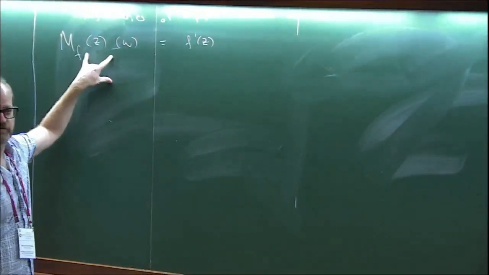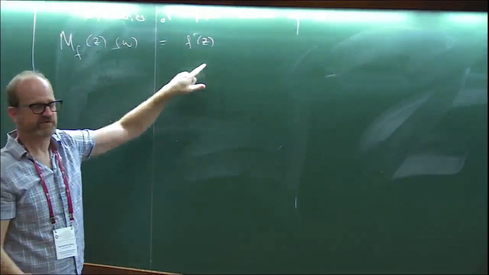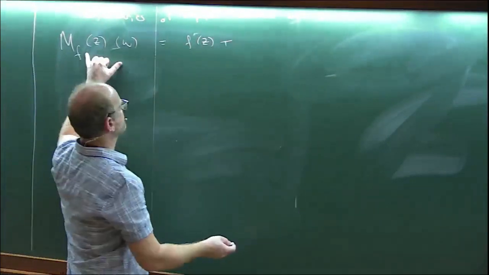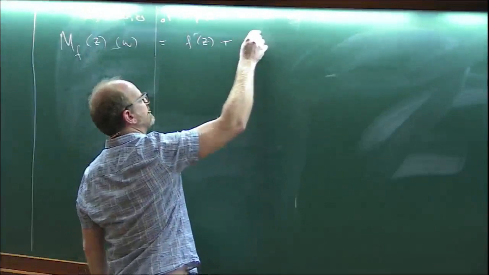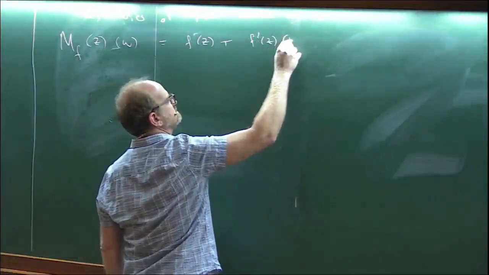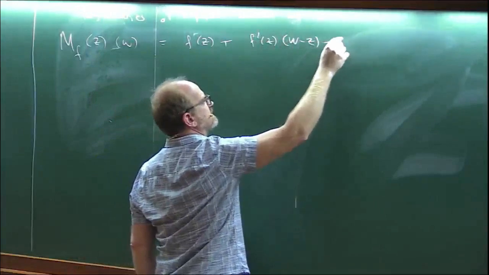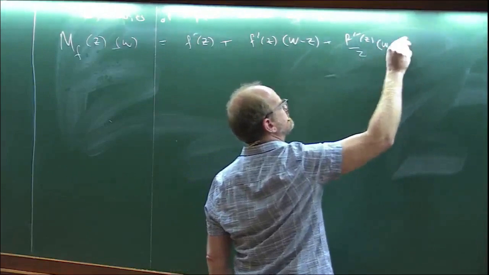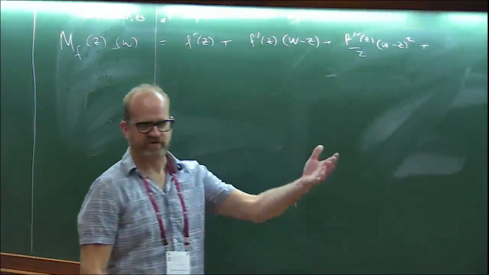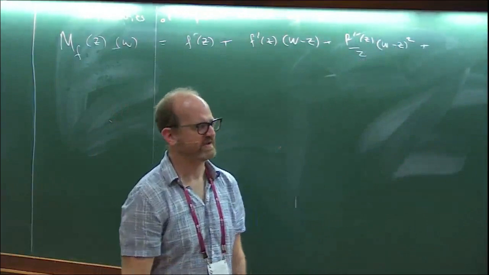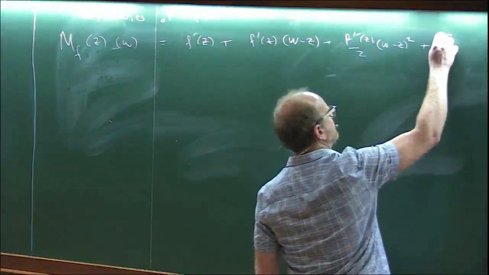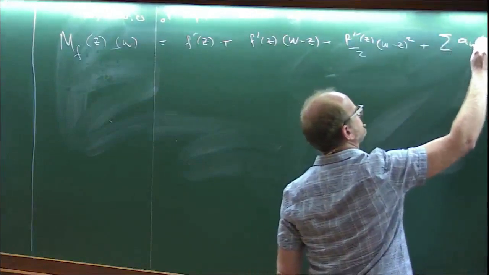So the value of this function at z is just f of z. So that's the first term, or the 0th term maybe. The first derivative of this function at z is just the first derivative of f. And the second derivative is the second derivative of f. And now, a Mobius transformation looks very nice when you write it as a fraction, but if you write it as a Taylor series, it's going to go on forever, typically at least. There's going to be some other coefficients here.